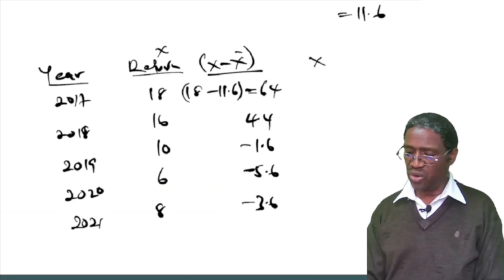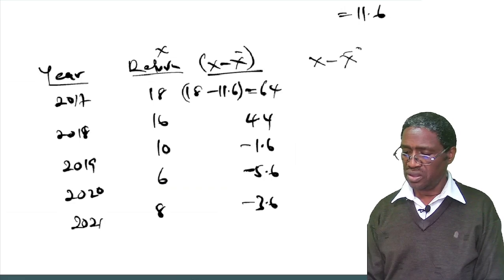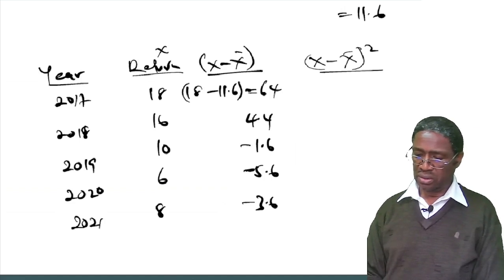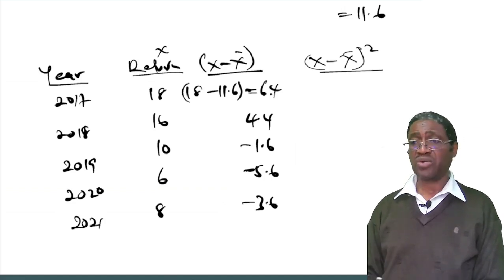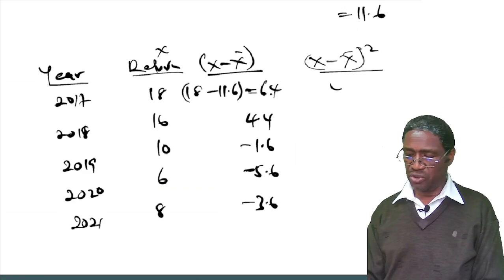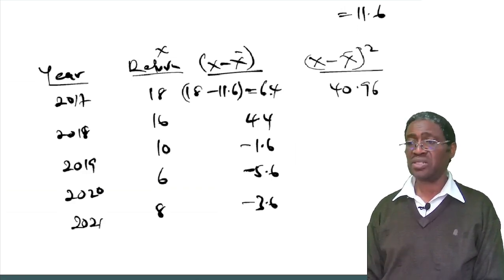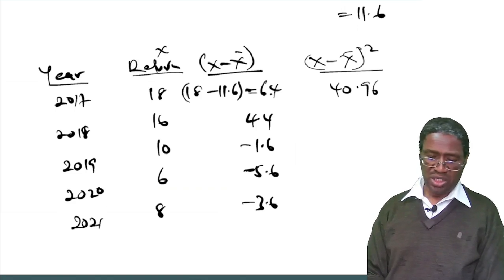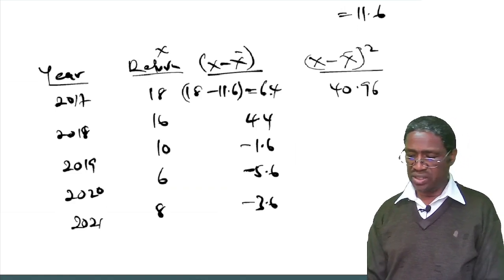Then I get the squared deviations, x minus x bar squared. This was 6.4, so 6.4 times 6.4 is 40.96. The second one is 4.4 times 4.4, that is 19.36.